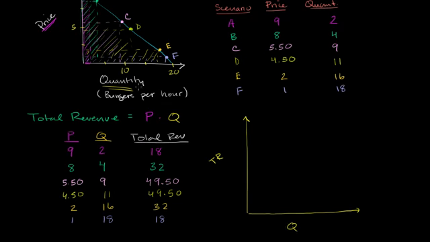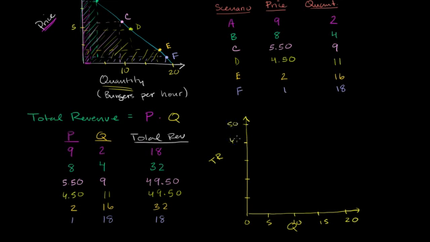And we're going to once again go from, let's see, this is 0, this is 5, this is 10, this is 15, and this is 20 right over here. And then total revenue, it gets pretty close to 50. So let's go, this is 10, 20, 30, 40, and 50.